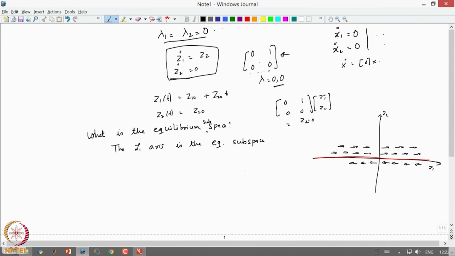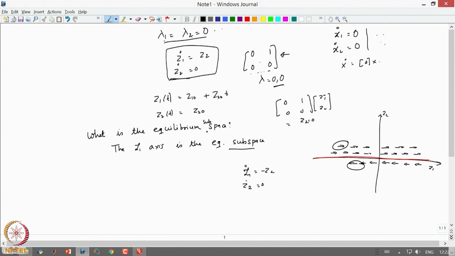Okay. Now, there could be another case when Z1 dot is negative of Z2, Z2 dot is 0. What will happen to the phase curves? They will be exactly the same, just with the directions of the arrows here and here being reversed. So, that is two different cases when lambda 1 and lambda 2 both are equal to 0, and the equilibrium subspace depends again on the Jordan form.